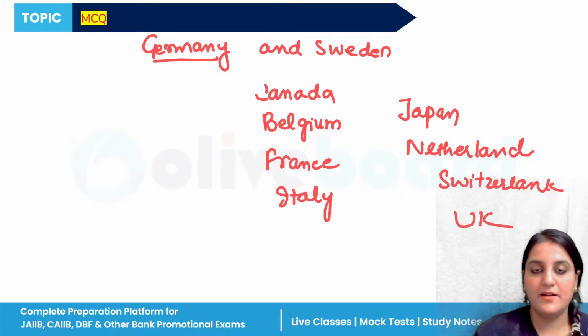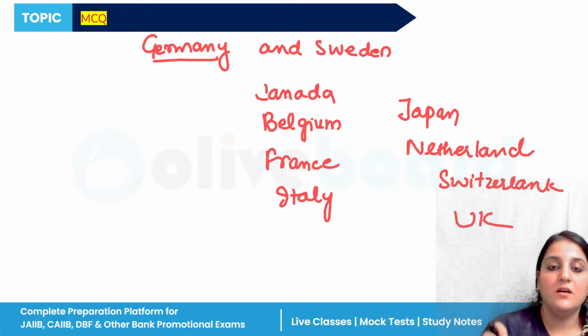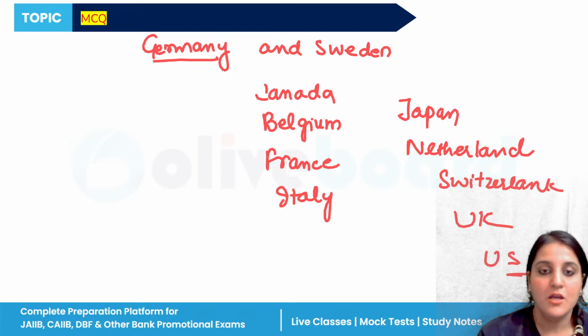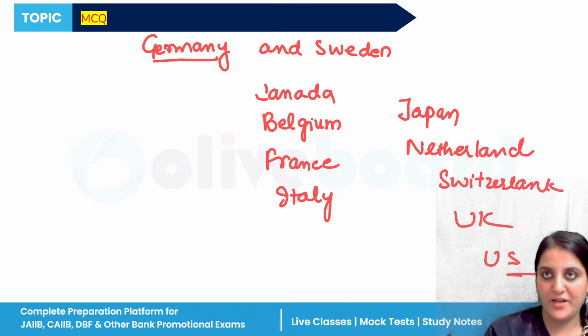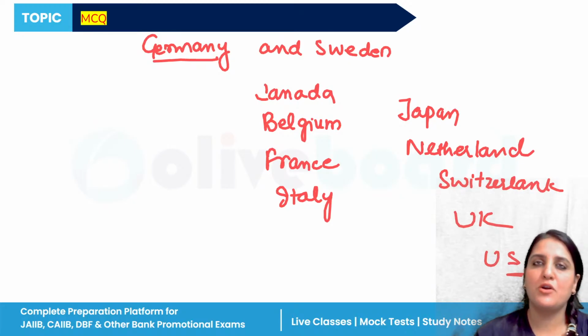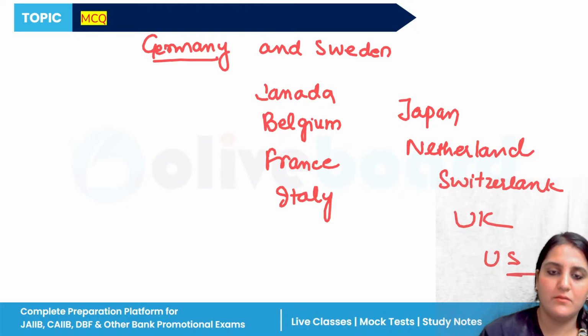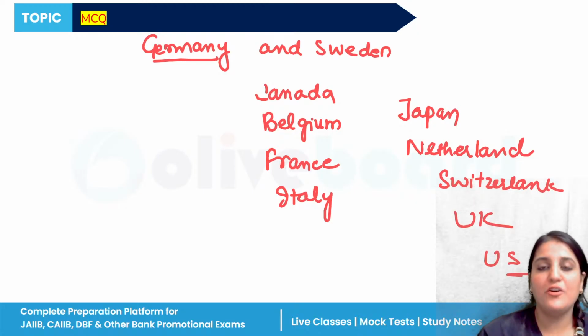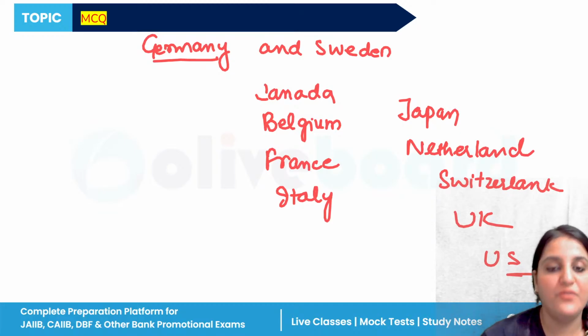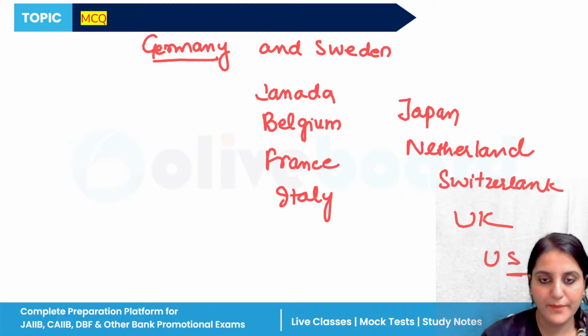Okay, 10 are done. Basically, here we can also include the US. This G10 was established in 1962 to lend money to the International Monetary Fund, that is IMF. These members meet for debate, discussion, and cooperation on international finance.